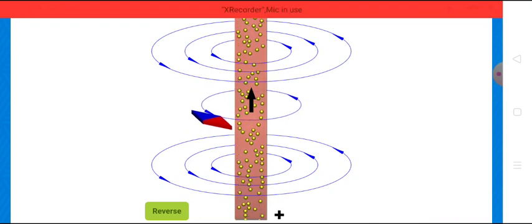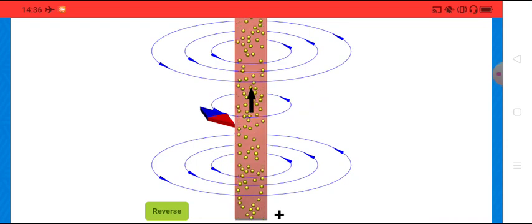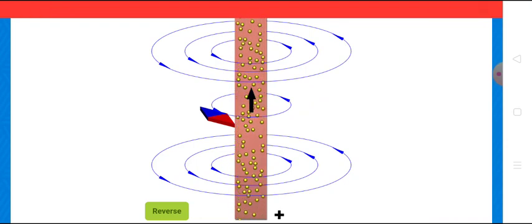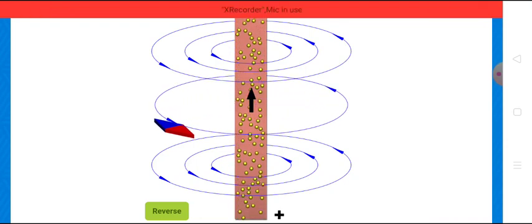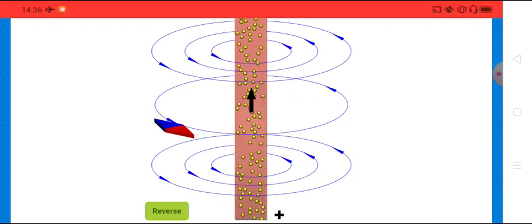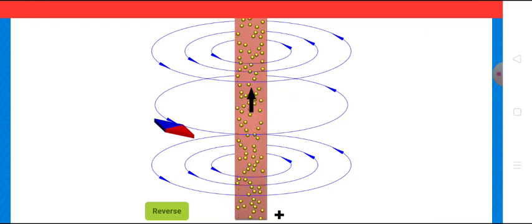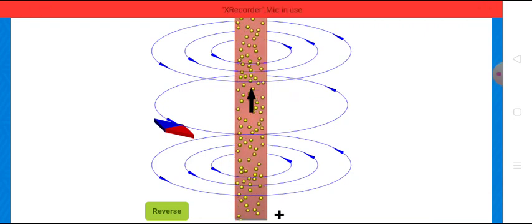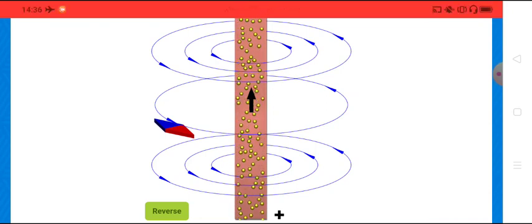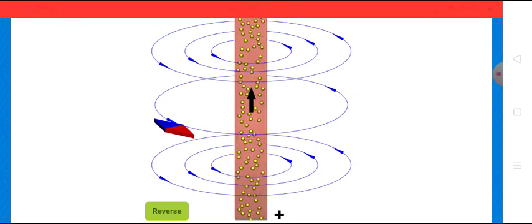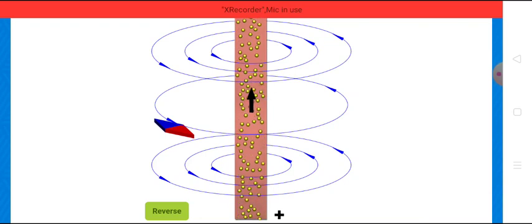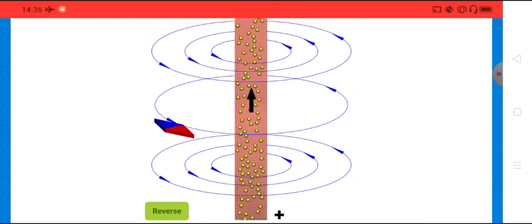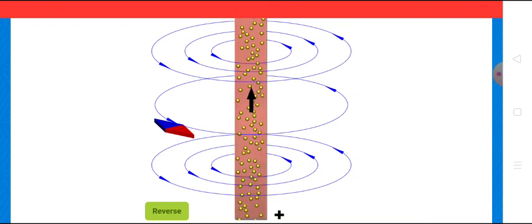This means if the distance is less, the strength of the magnetic field is more. If the distance is more, then the strength of the magnetic field is less. This means there is a direct dependence between the strength of the magnetic field and the current, and there is an inverse dependence between the strength of the magnetic field and the distance from the current carrying conductor.